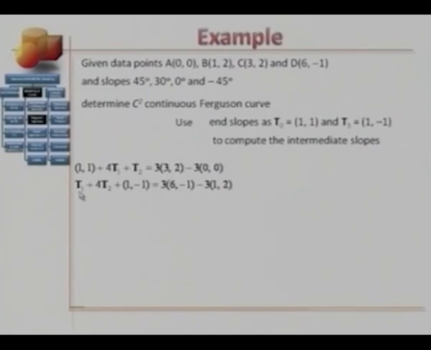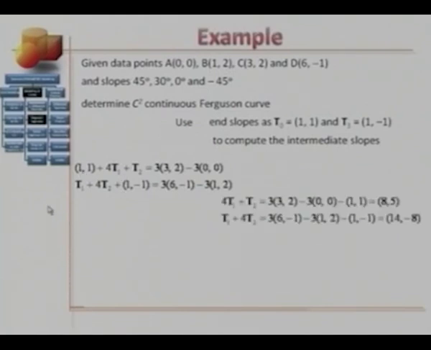And T1 plus 4 times T2 plus T3, which is 1, minus 1 here, equals 3 times P3, which is 6, minus 1, minus 3 times P1, which is 1, 2. Note that I have written these equations with both x and y components. Working out the algebra should not be very difficult from here on, and we should be able to compute the intermediate slopes T1 and T2.